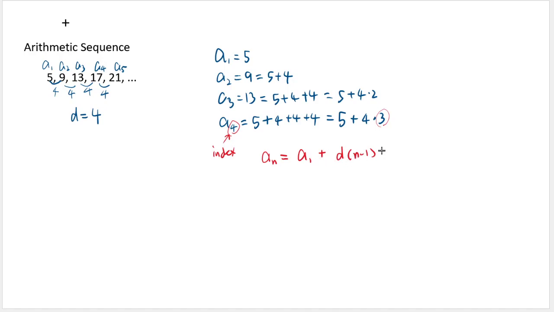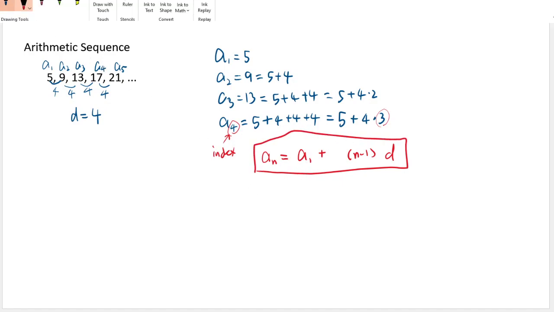Now often the formulas are written so that d is on the other side, so we can do the same thing. Multiplication is commutative, so you can just write this as this, right? So that's actually the formula for an arithmetic sequence in general, which is the important one.